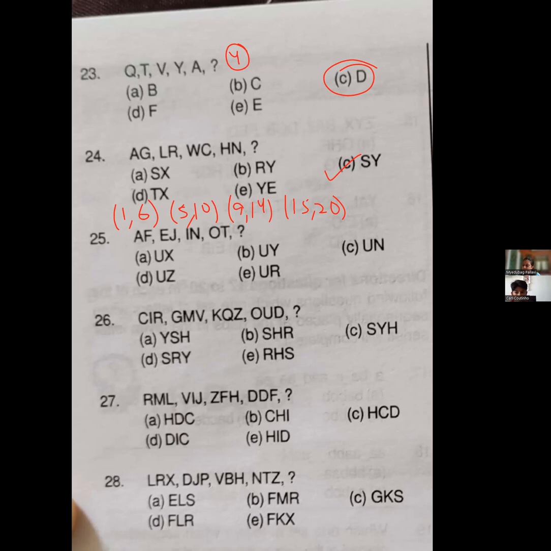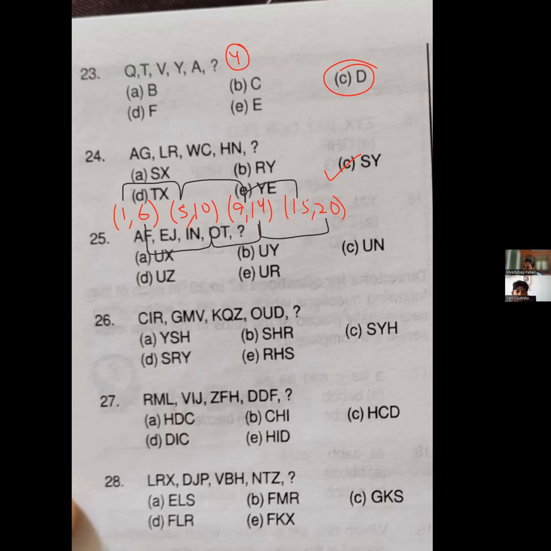See, in this one the series is going like, firstly the difference is of 4, then again 4, and then of 6. And in this one also, first the difference is of 4, again 4, and then again 6.